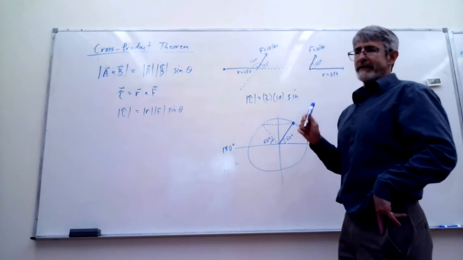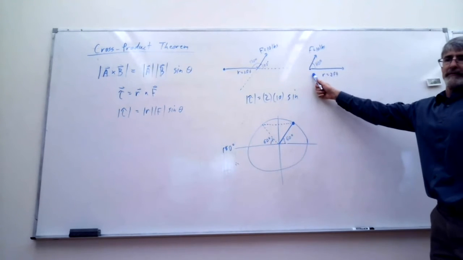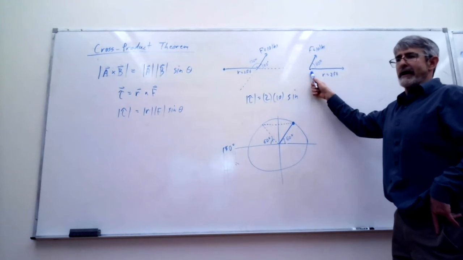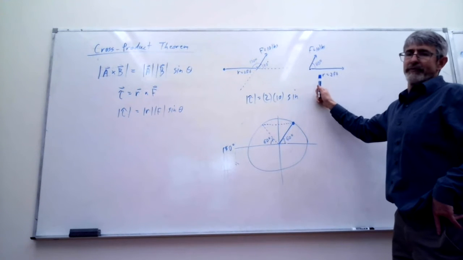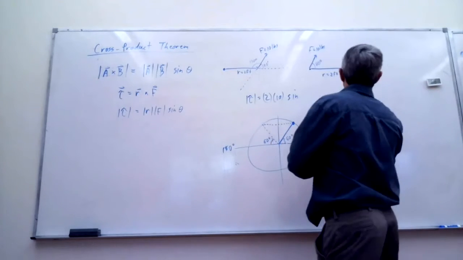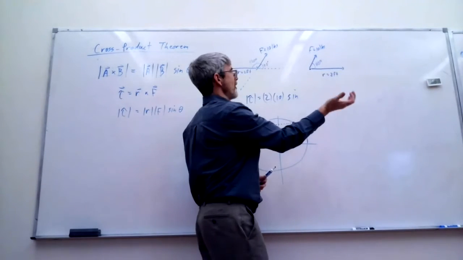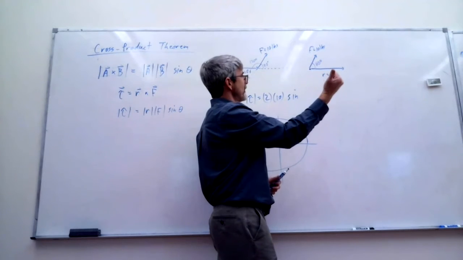But if you want to find the direction of the torque, you need to line the vectors up tail to tail, like the hands on a clock. Because remember, to find the direction, you have to rotate the first vector into the second. So if I rotate R into F, my thumb points out of the board.